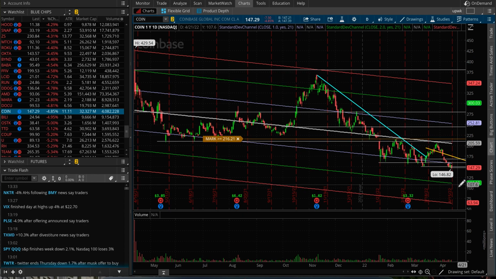Also, the market capitalization of Coinbase at the moment is 32 billion. If it drops from here, let's say 30%, which would be 50 points, this stock would still be worth around $22 billion.